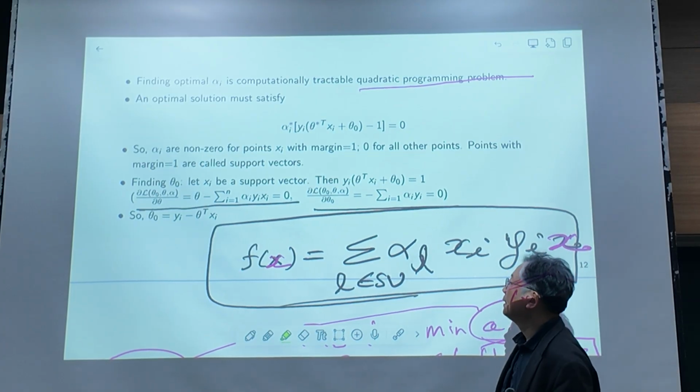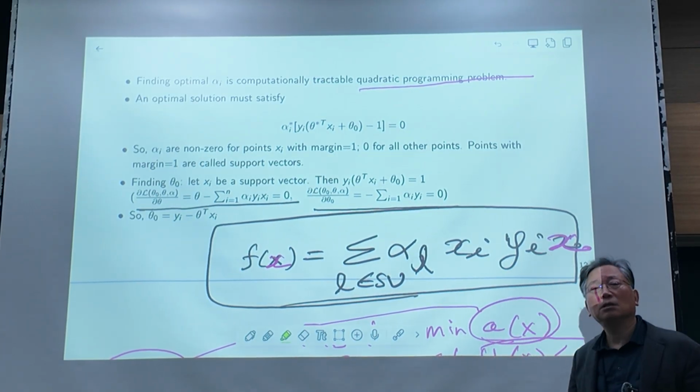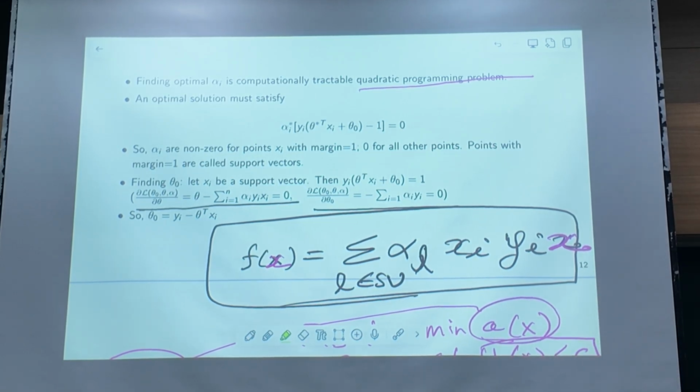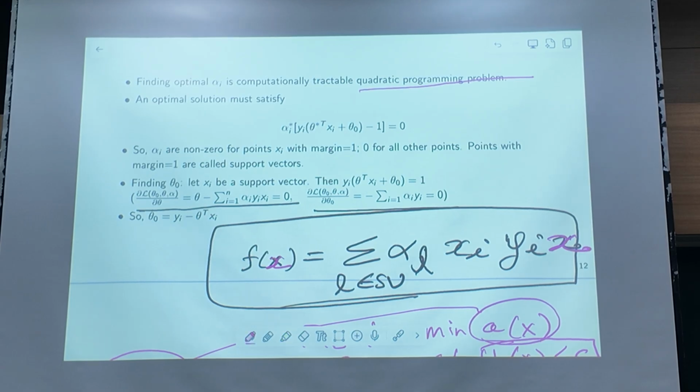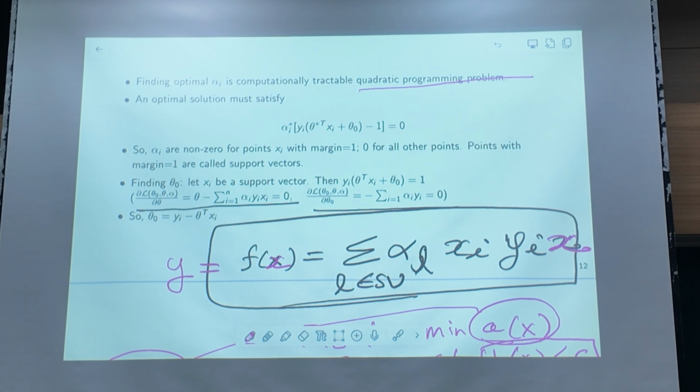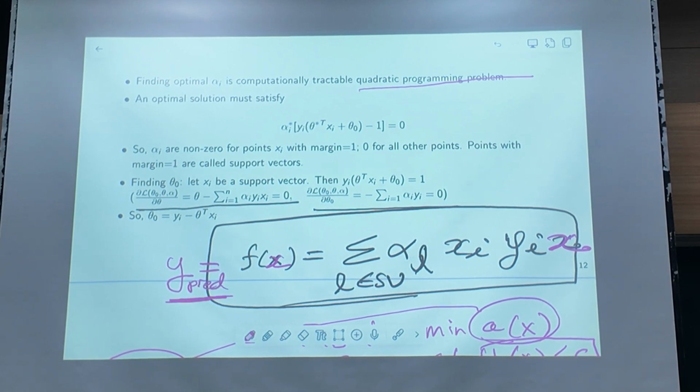And I also mentioned the solution, the final hyperplane, so this is our prediction. I predict, let's say it's a function f of x, is going to be in this form.